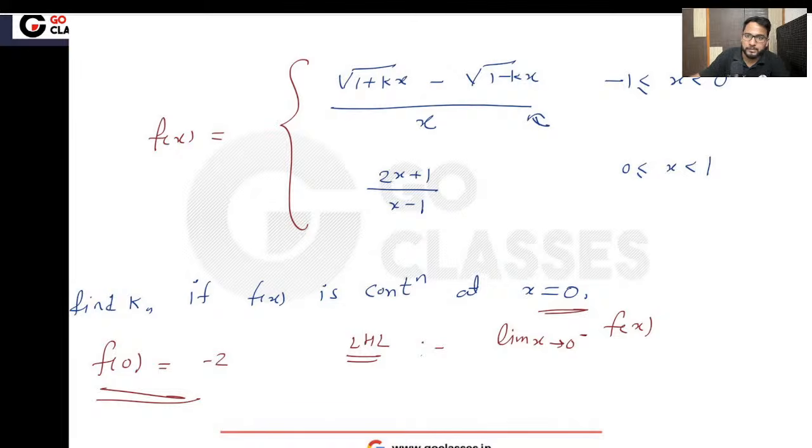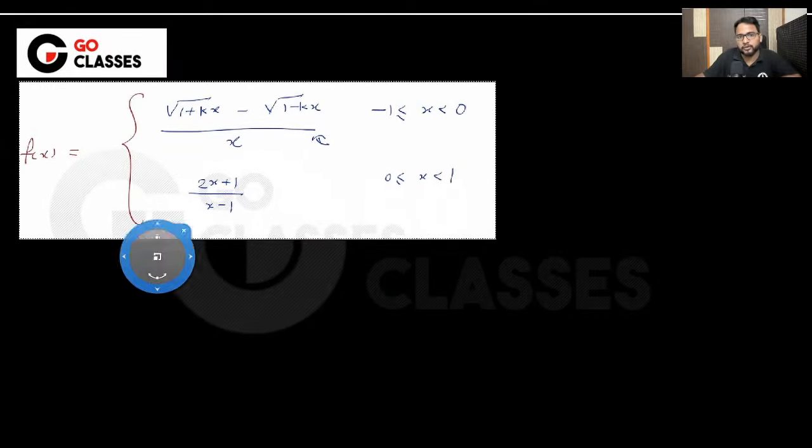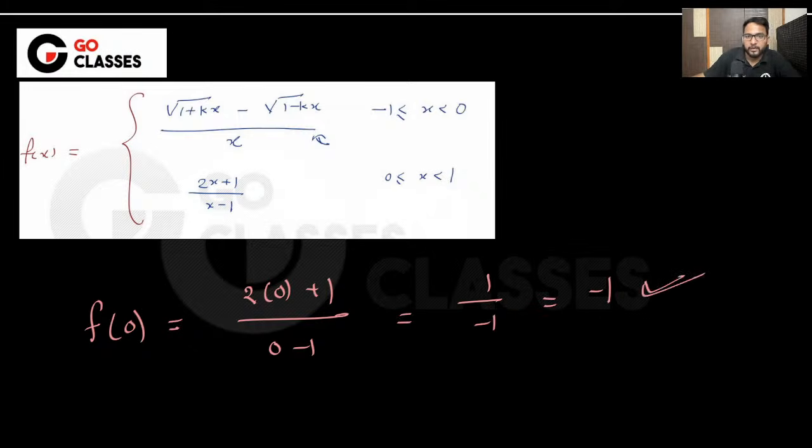Suppose you want to check whether this function is continuous at x equal to 0. Now just check f of 0. What is f of 0? Since this is defined at 0 here, this is 2 into 0 plus 1 upon 0 minus 1, which is 1 upon minus 1, which is minus 1, right? So f of 0 is minus 1.